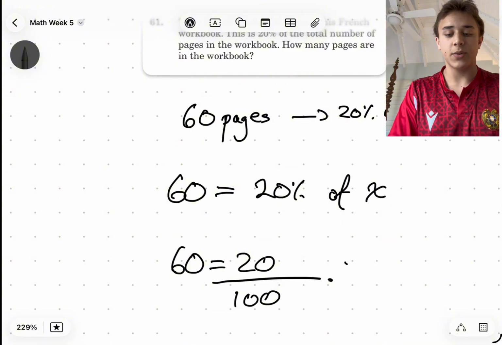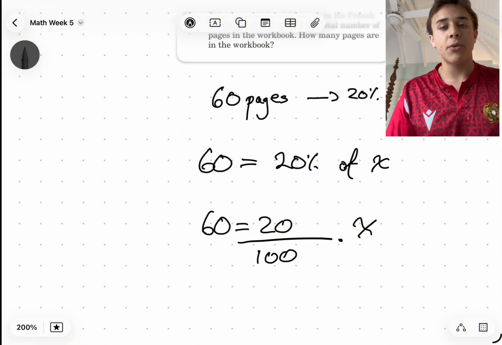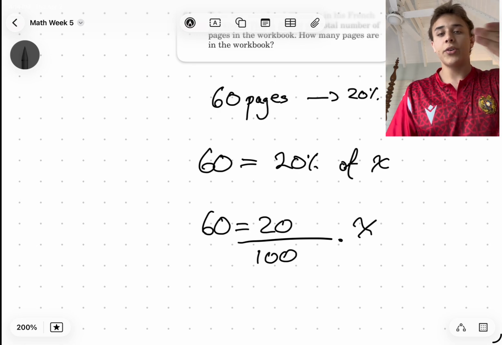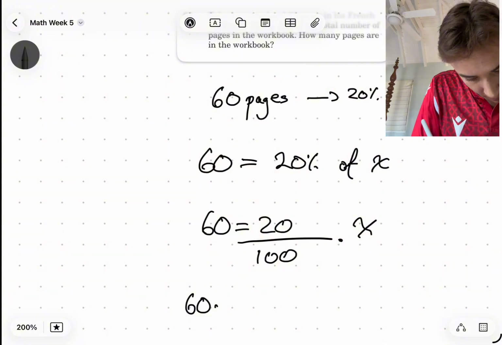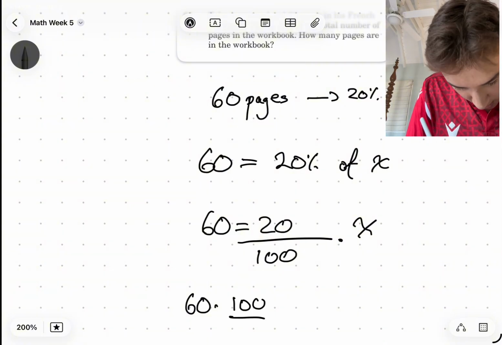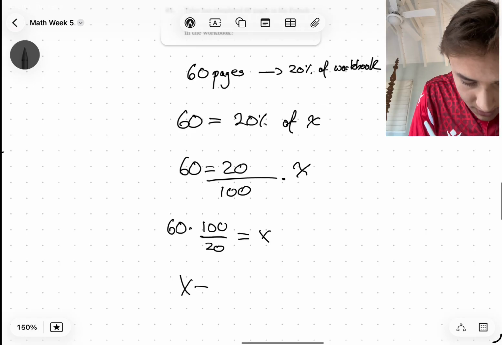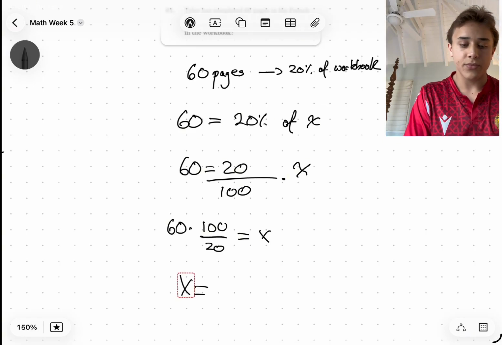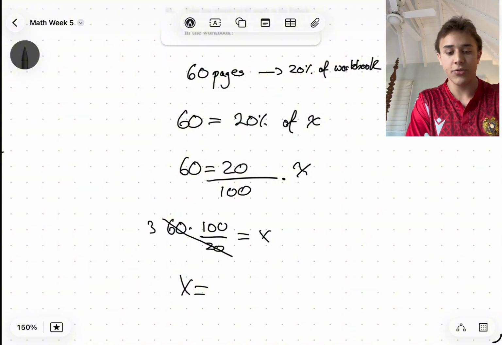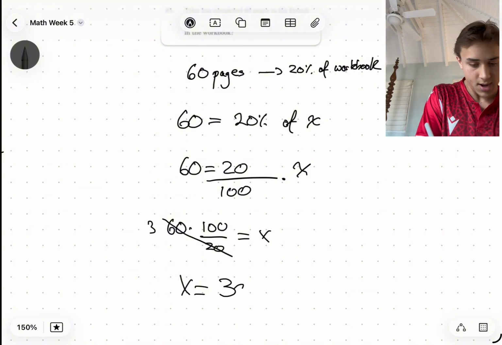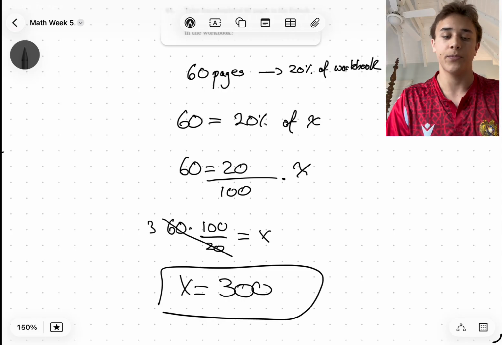So 60 equals 20 over 100 times X, and then we can isolate X. We multiply by 100 over 20, so 60 times 100 over 20 equals X. 60 divided by 20 is just 3, and 3 times 100 is 300. So there are a total of 300 pages in his workbook.